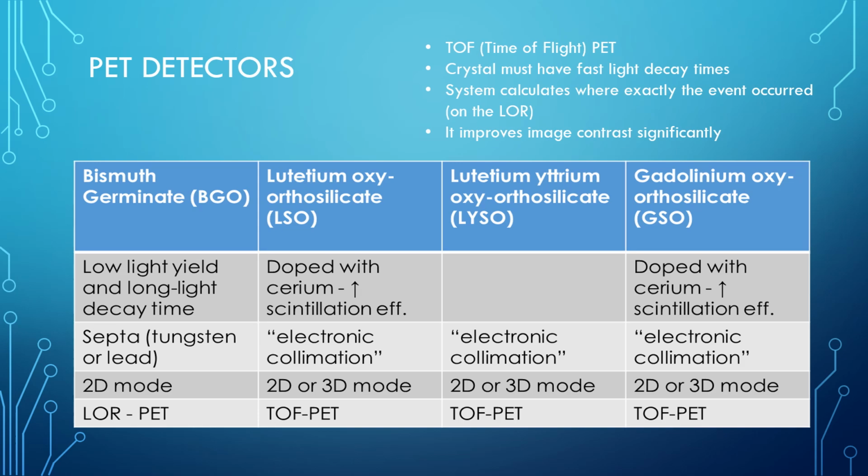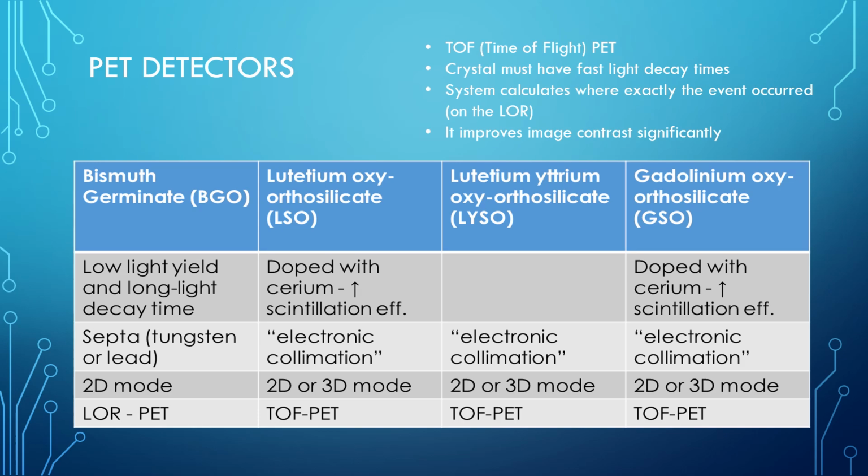So these are common types of PET detectors. Time of flight PET is only feasible with the modern detector types. BGO has gone by the wayside and doesn't really allow for time of flight. The crystal must have really fast light decay times.